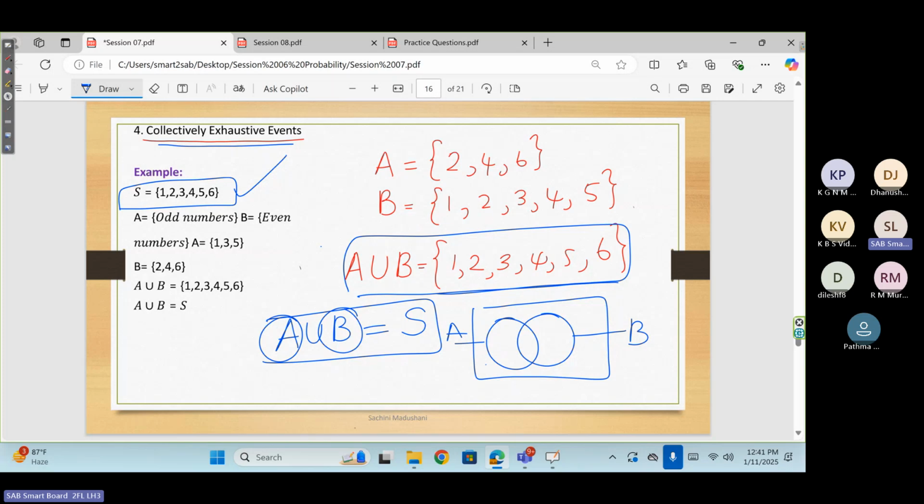Here 2 is common, 4 is common, 6 also, and the others are 1, 3, 5. Outside, no elements are there. It means the union of these 2 events covers the whole sample space. Then we call them collectively exhaustive events. Understood?